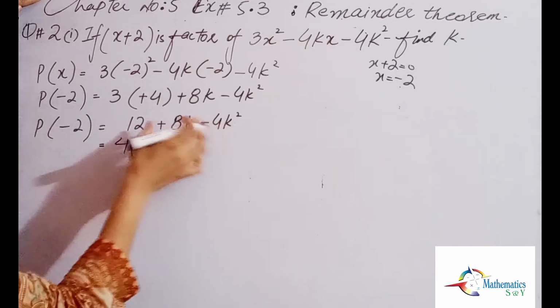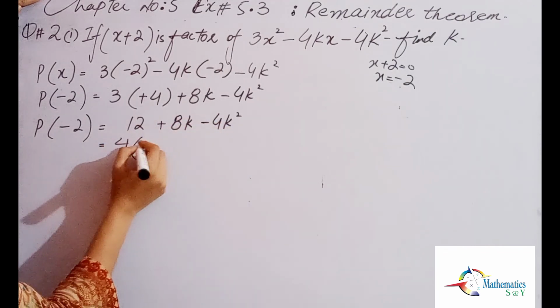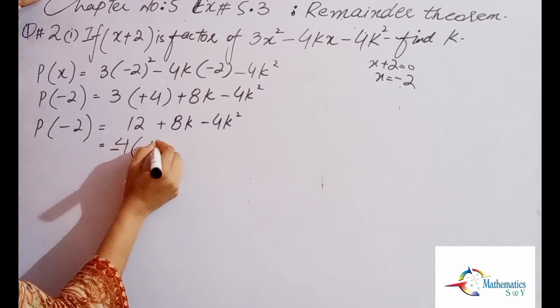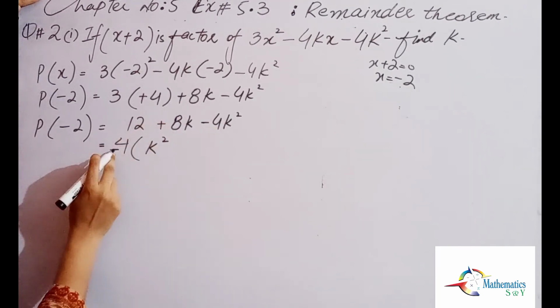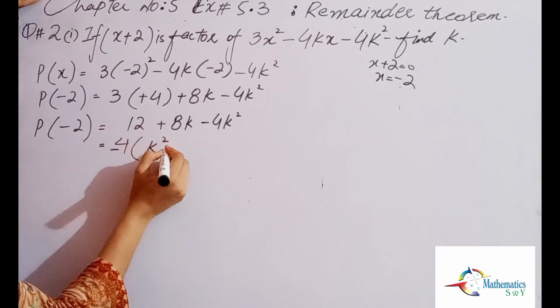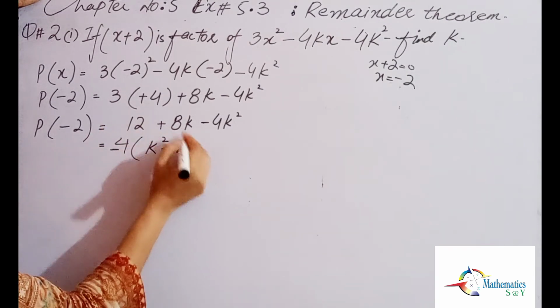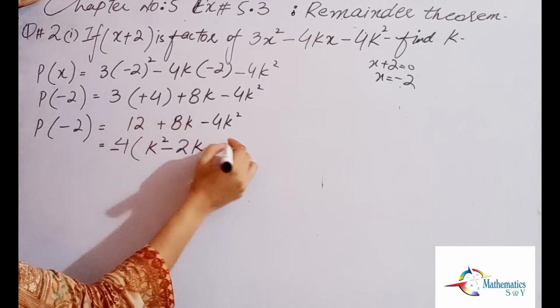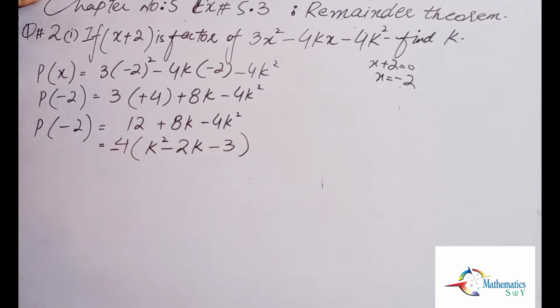First I will arrange and write this. I can take the common factor minus 4, that is k squared. Minus, I have taken the common, so both the signs will be changed. This is minus 4 times 2 is 8k, and here plus will be minus, 4 times 3 is 12.